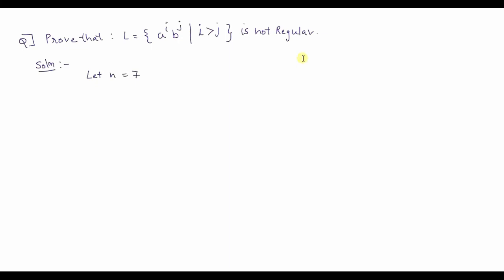So accordingly, let the string w be equal to, I'll just randomly take say 4 A's and 3 B's. Why 3 B's? Because the language demands that the string should have more A's and fewer B's. So let w belong to L, be a valid string.